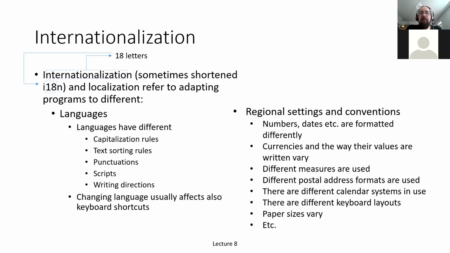If you want to go to the advanced level of graphical user interfaces, then when the writing direction changes to right to left, the whole culture kind of looks at things from right to left. This also means that in many cases the user interfaces should be arranged from right to left.